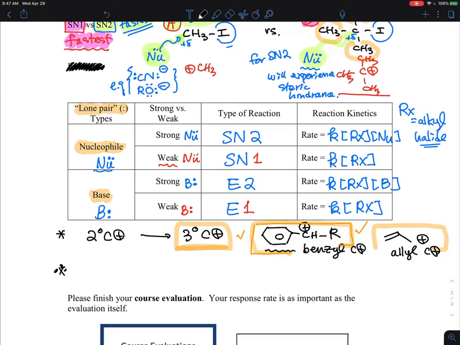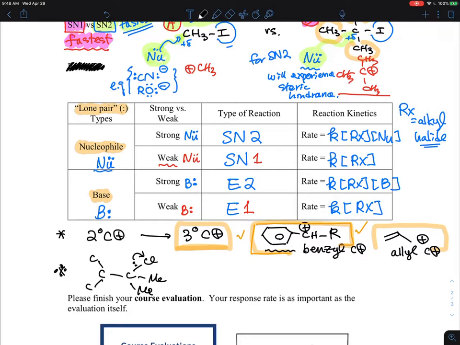And another term here: if you look at this, if there are two electrons in this bond, and this reaction takes everything here, so this is a C, let me just say methyl.